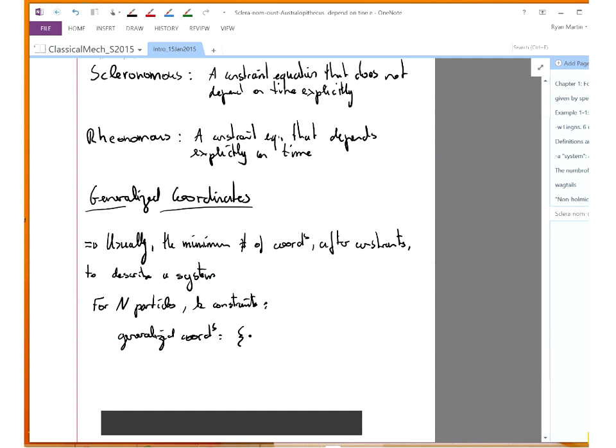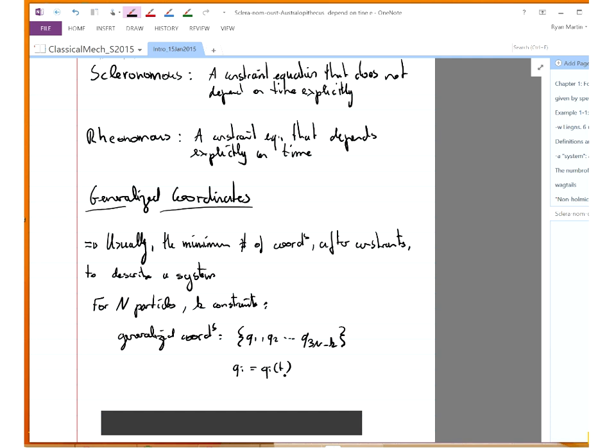We're going to use the letter lowercase q for coordinates. So it'll be a set of numbers q1, q2, all the way to q_{3n-k}. And these q_i are functions of time.